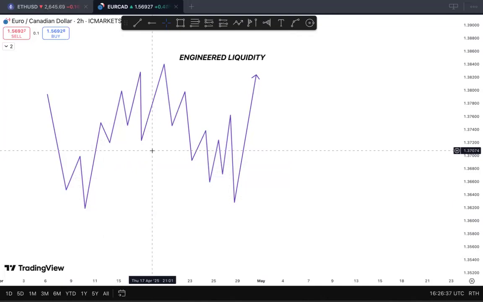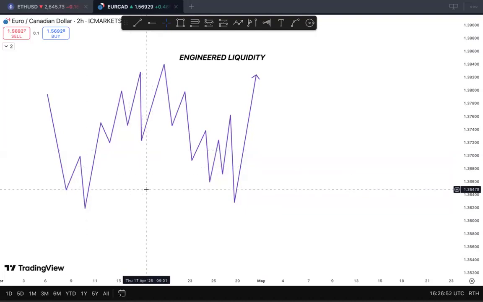But in the absence of structural liquidity, remember, always expect an inducement liquidity. But while you're expecting an inducement liquidity, if the zone that price gave this structure is a strong zone, for example a supply or a demand zone, always expect an engineered liquidity, except that zone is not a supply or a demand zone.